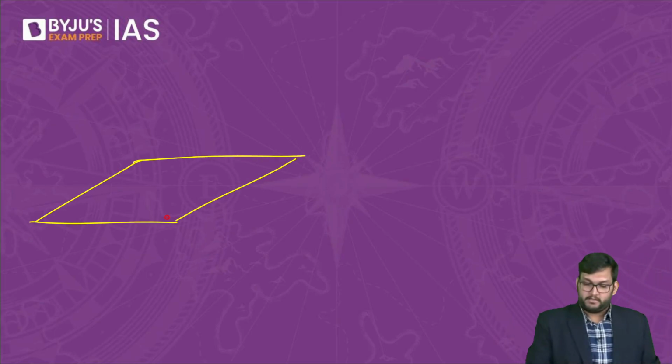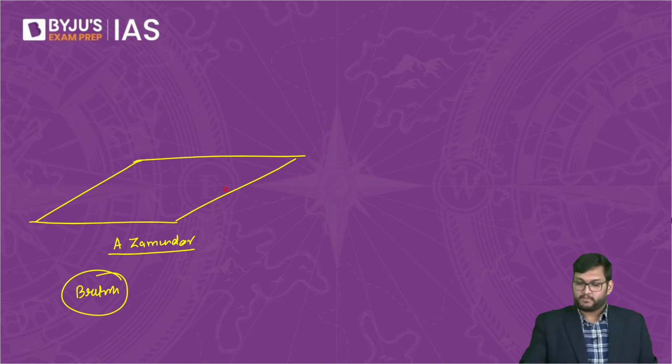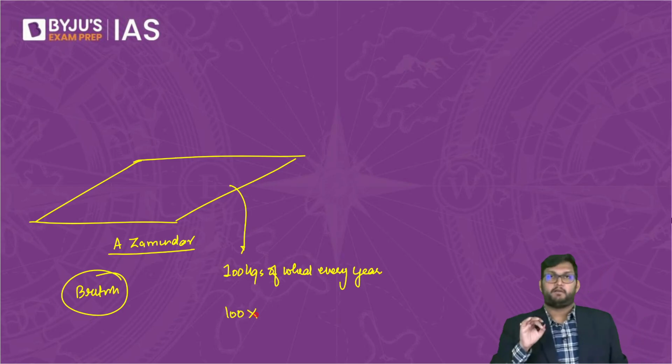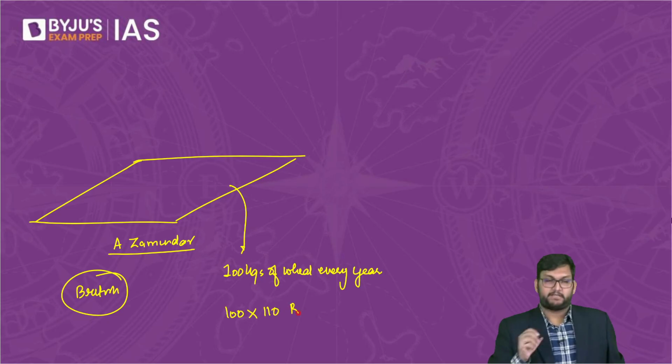This is a land. I, zamindar, take this land under. I've been given the task of collecting the revenue out of this. I'm a zamindar. The British say that as per our data, this land produces 100 kgs of wheat every year, and the going rate of wheat is 110 rupees.